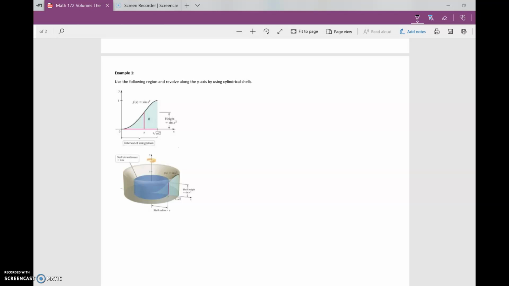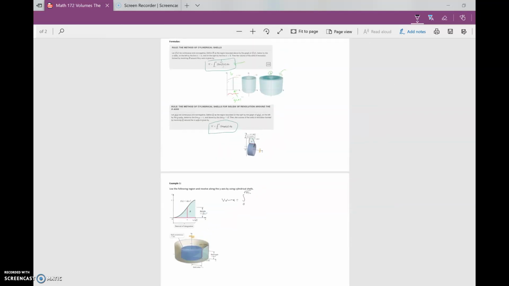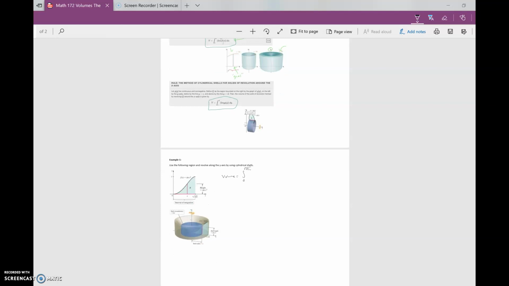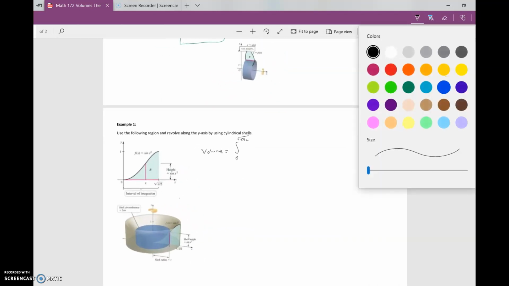Now, we're revolving along the y-axis, so the actual volume is going to be calculated by using the following setup. So if you're revolving along the y-axis, you're using the x's. So in this case, it's going to be from 0 to the square root of pi over 2. And the main function, we're going to use 2 pi x f of x. So let me rewrite it in a different color.